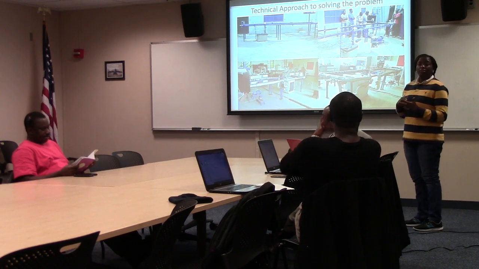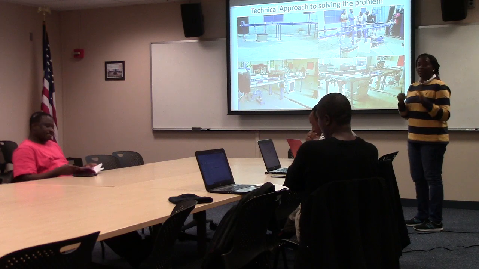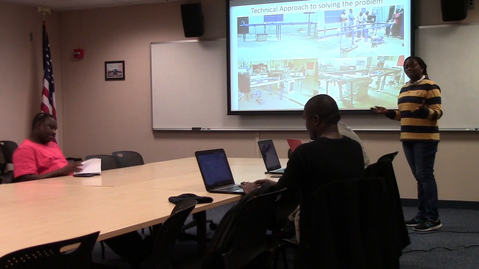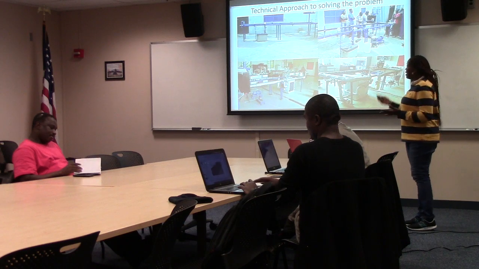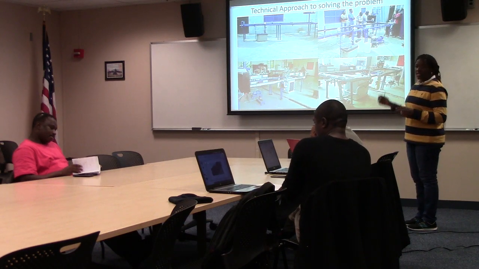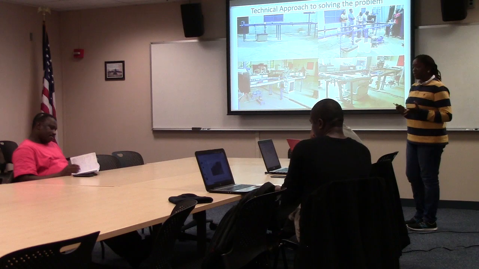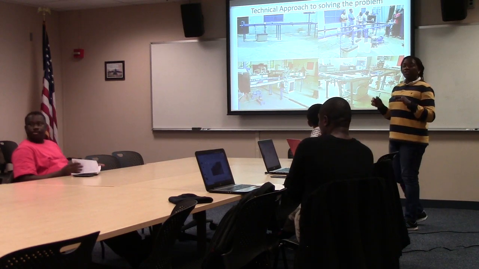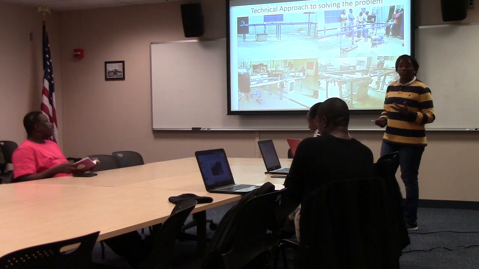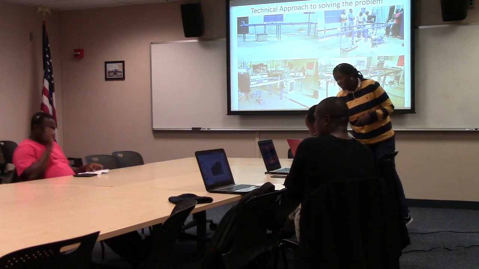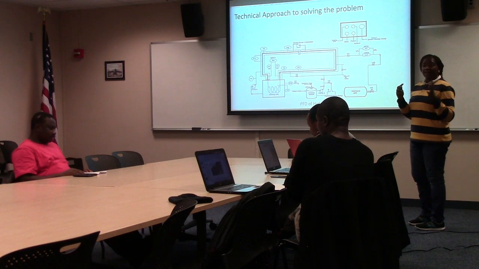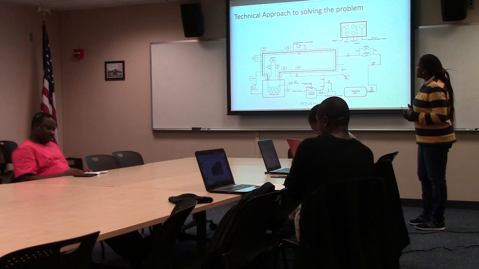The 316 stainless steel pipeline represents the subsea flow line that is constantly being surrounded by cold water, because the PVC blue pipe you're seeing here is constantly surrounded by cold water. In the next slide, I'll be showing you the process flow diagram and how we designed the equipment and the parameters that we are focusing on during every experiment.